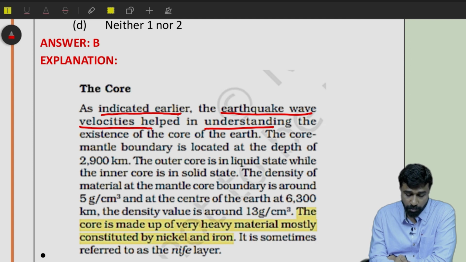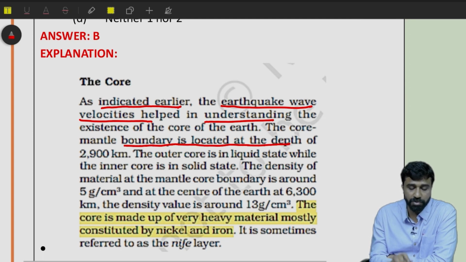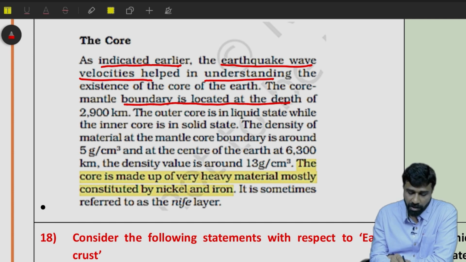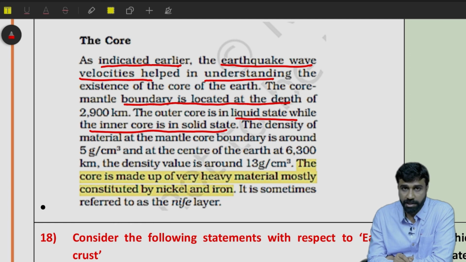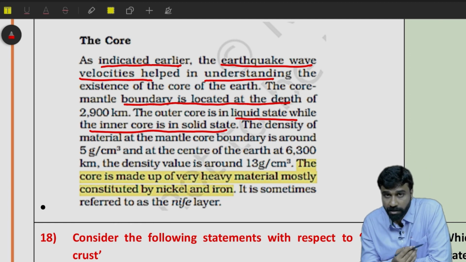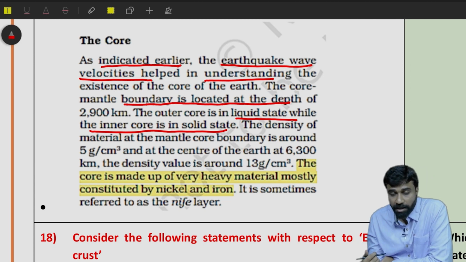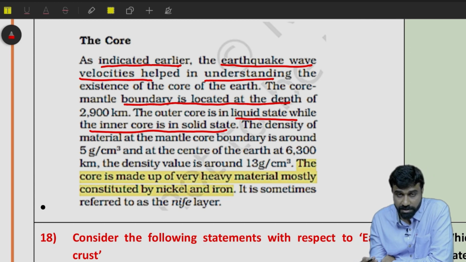The core-mantle boundary is located at a depth of 2900 kilometers with varying densities. The outer core is in liquid state while the inner core is in solid state, because there is a kind of convectional current formation under intense heat and pressure emanating from underneath the surface.